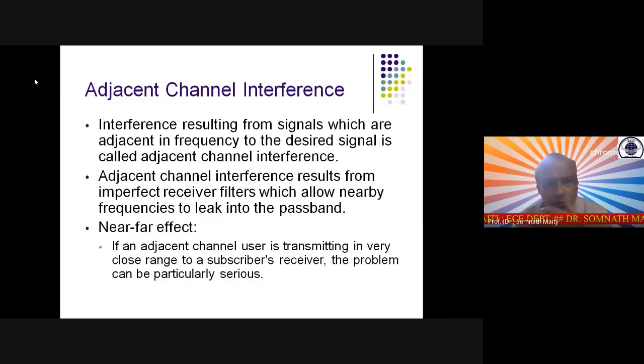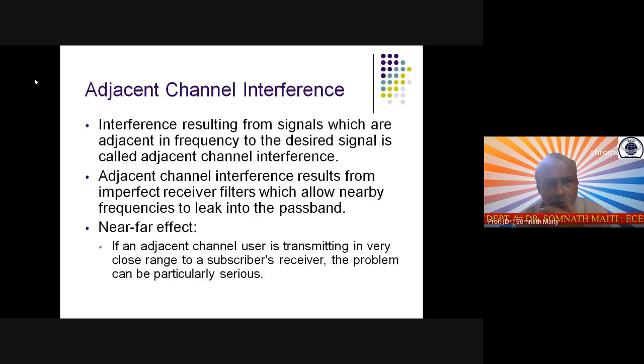Adjacent channel interference results from an imperfect receiver filter, which allows nearby frequencies to leak into the passband. It is caused by improper design of the band pass filter at your mobile, because your mobile is a receiver. In any receiver, the first block consists of a band pass filter. If it is not properly designed, it causes adjacent channel interference.